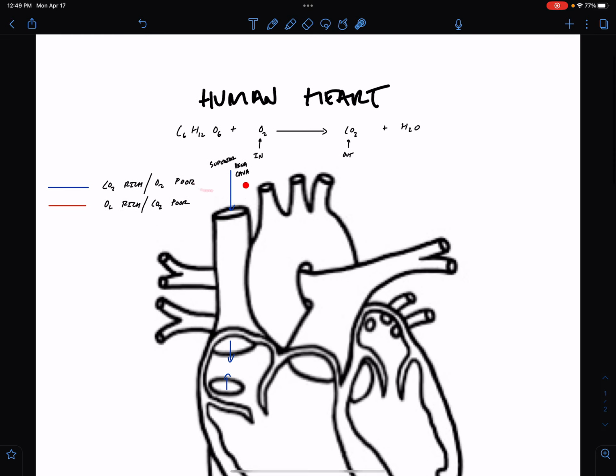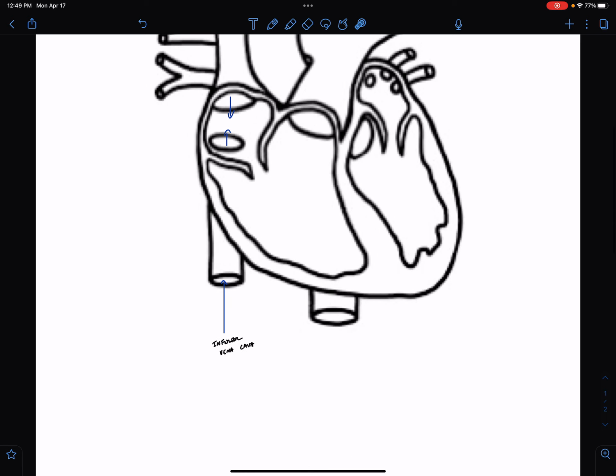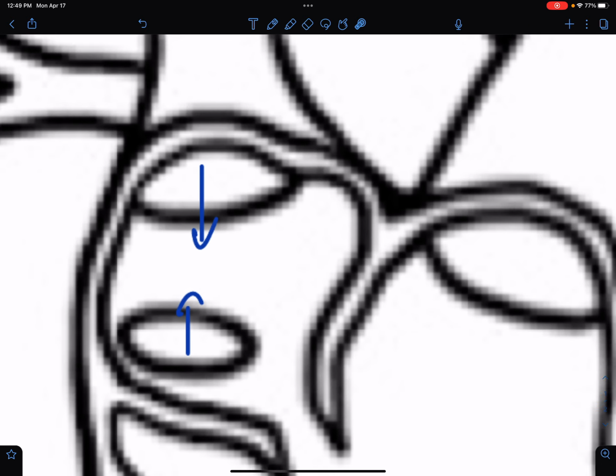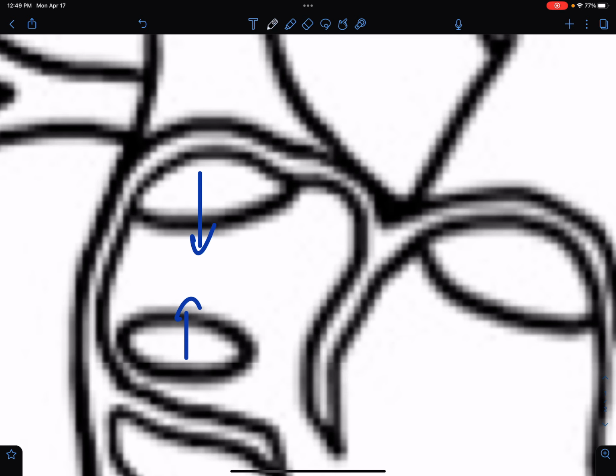This is delivering blood that has been up in your head and in your arms to your heart, and this is depositing blood that has been in your body cavity and in your legs to your heart. So this blood is CO2 rich because it's coming from the body, and O2 poor because all the oxygen has been dropped off. So the blood is dumped into a little chamber in the heart called the right atrium.